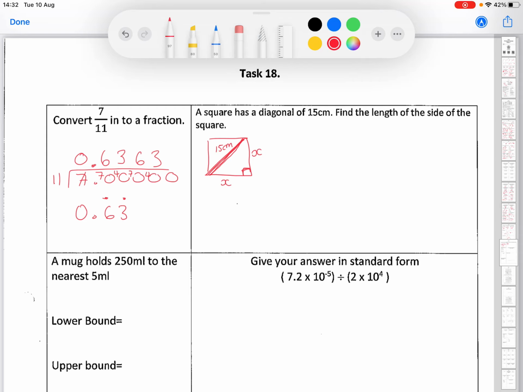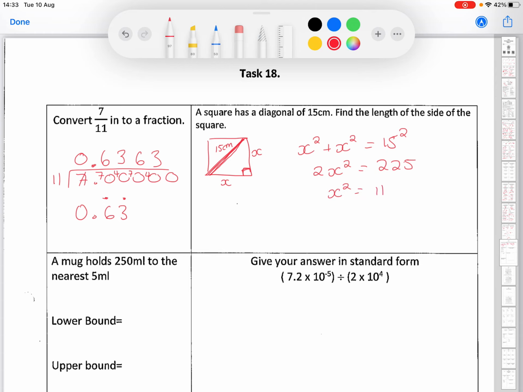So we've got a right angle triangle and we're working with sides, therefore we should understand that that means we've got Pythagoras. So Pythagoras would be, I would do x squared, I would add another x squared, that would give me 15 squared. So I've got 2 lots of x squared on this side to give me 15 squared. 15 squared, hopefully we work out as 225.